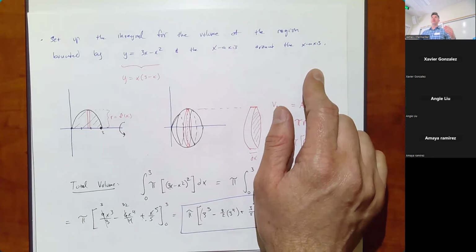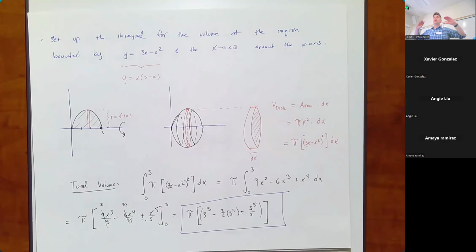That one was bounded by y equals 3x minus x squared and the x-axis, and we're rotating around the x-axis. Clearly, the x-axis is one of my boundaries, so we use the disk method because there isn't any missing region between your region and your axis of rotation.